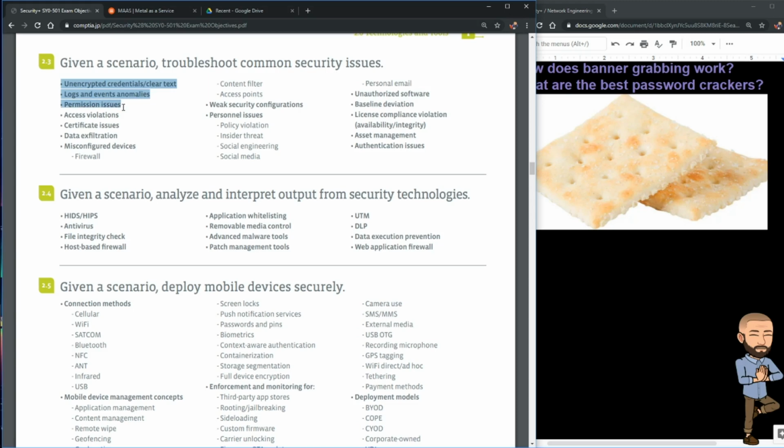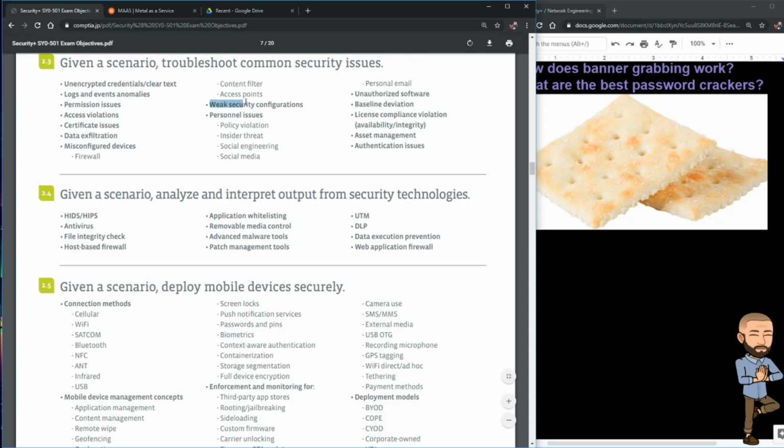Troubleshoot permission issues, access violations, certificate issues, data exfiltration, misconfigured devices such as firewalls, content filters, access points, etc. Troubleshoot weak security configurations, and then personnel issues like a policy violation or an insider threat, social engineering, social media, personal email. I guess the existence of unauthorized software, any deviation from a baseline measurement.